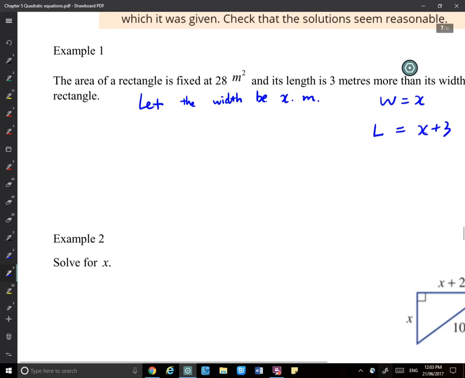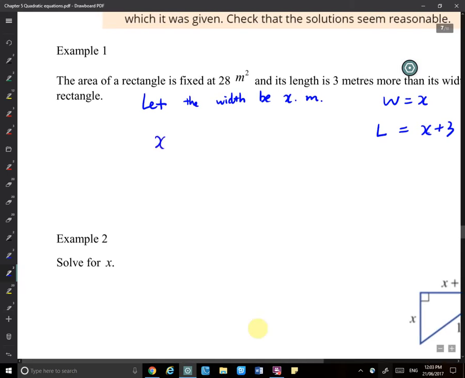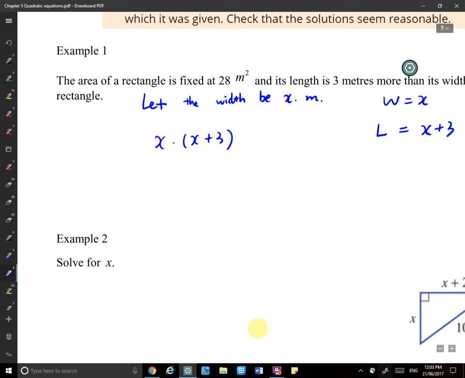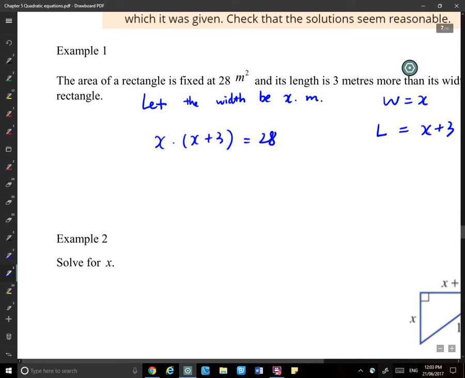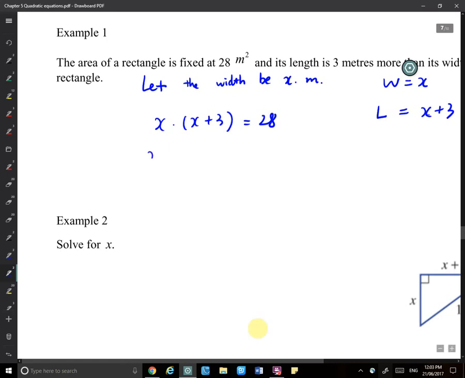How can we represent area? Area is length times width. So x times (x plus 3) should equal 28. Okay, we have x squared plus 3x.